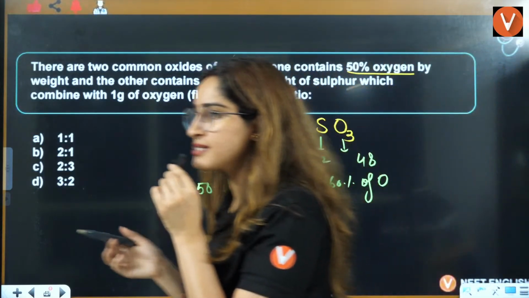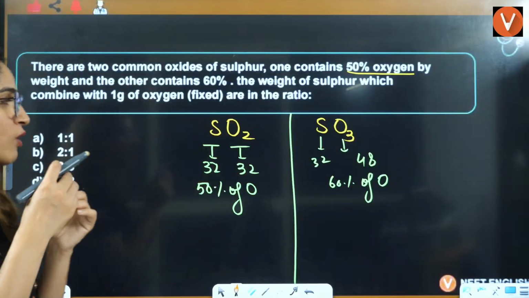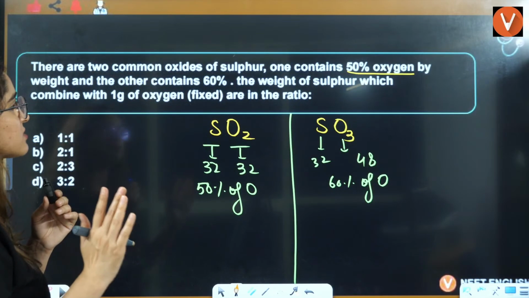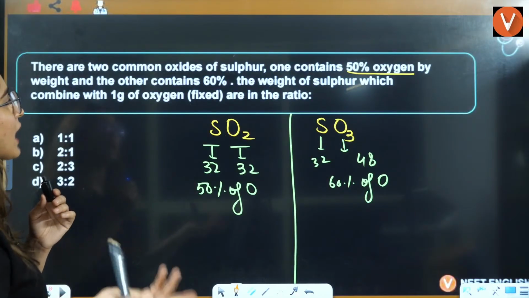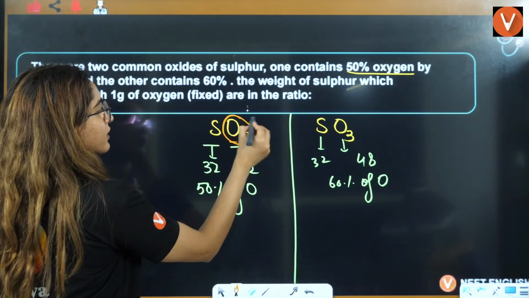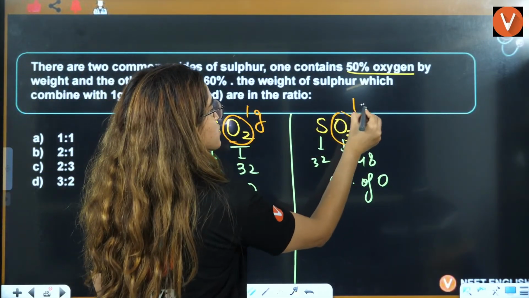See, in both the cases, you have to tell in 1 gram of oxygen how much amount you have. The weight of sulfur they are asking you, which combines with 1 gram of oxygen, right? So oxygen is fixed as 1 gram. Okay, this also you take 1 gram.